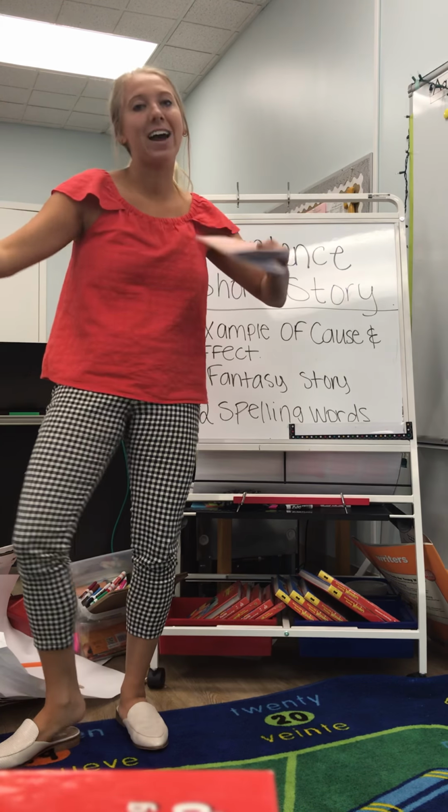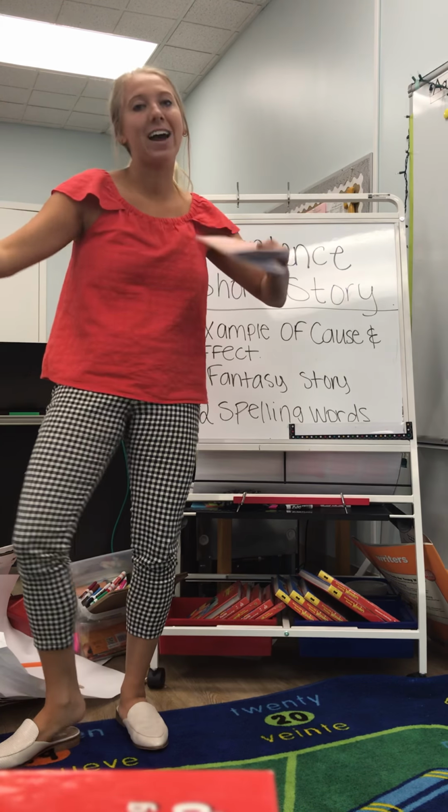And then lastly, I want you to use 2 spelling words. I know this seems like a lot, but you guys have a while to write it. If we were in class, I would probably have you work on it throughout the week. So I want you to include 5 sentences, a clear example of cause and effect, a fantasy story, and 2 spelling words.